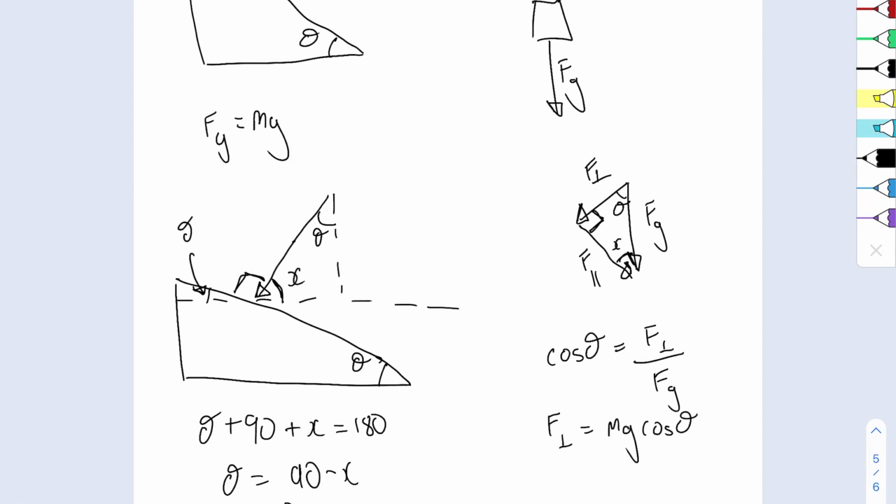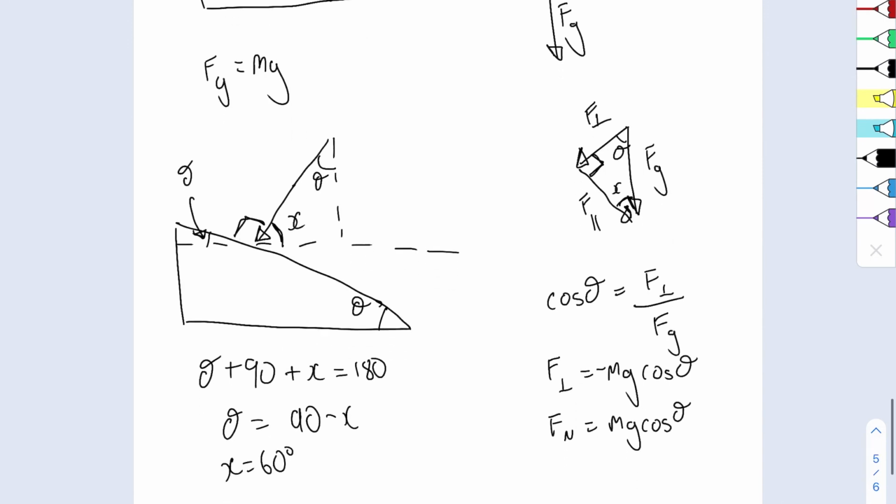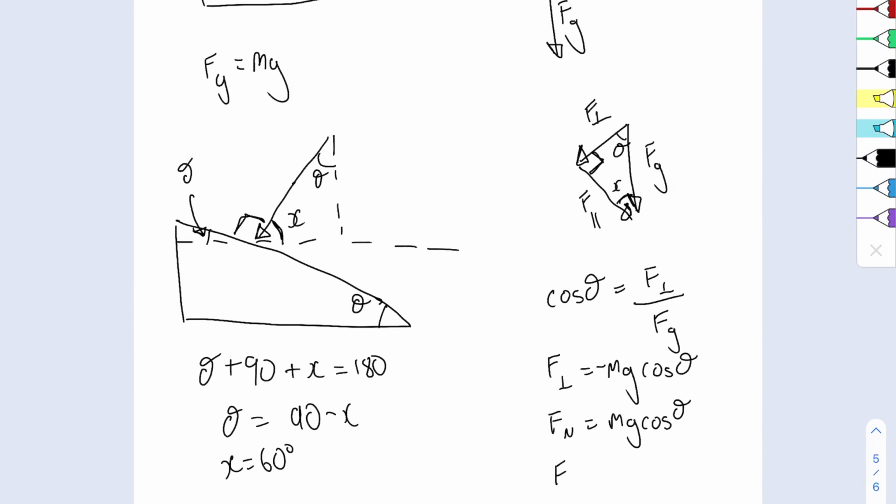And therefore, the magnitude of the normal force is also equal to mg cosine theta. Let's make this one negative because it's going into the plane, and the normal force positive because it's coming out of the plane. And the parallel component, also from trig, is equal to the force of gravity times sine theta, and that's equal to mg sine theta.